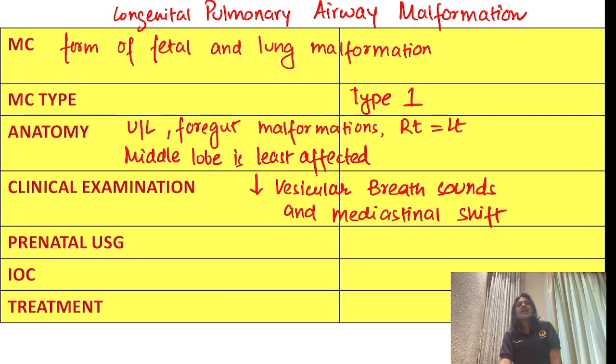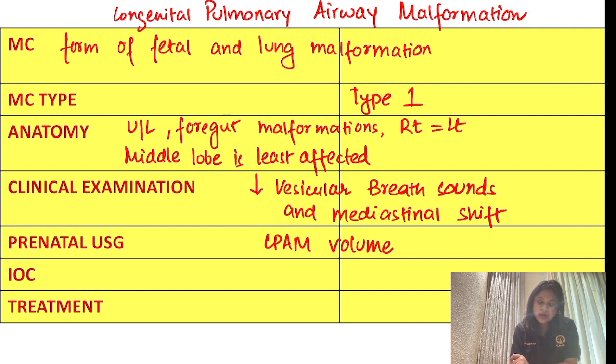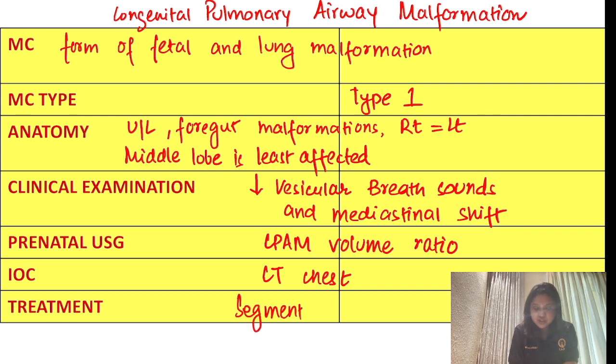If you have done an antenatal USG, you are going to see the CPAM volume ratio, which is a predictor of CPAM in prenatal USG. What is the investigation of choice for CPAM? We need to do a CT scan of chest. So CT thorax is the investigation of choice, and we need to go for a segmental lobectomy. So segmental lobectomy is the treatment of choice.